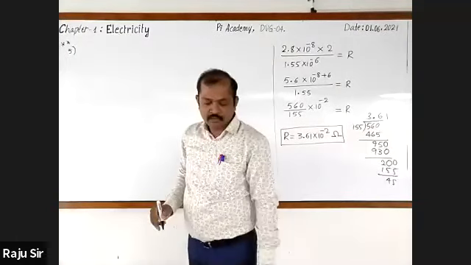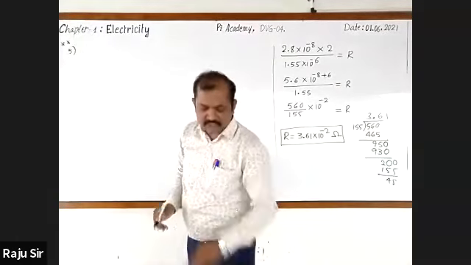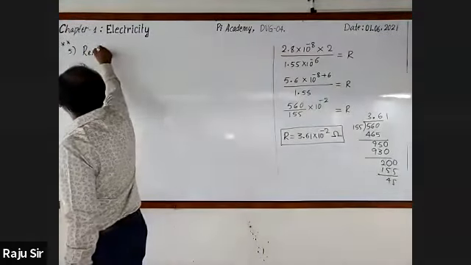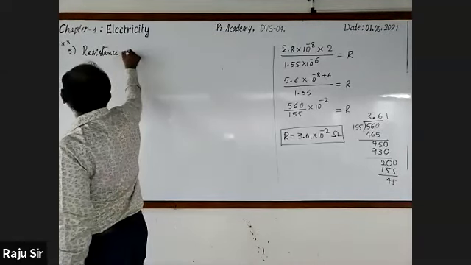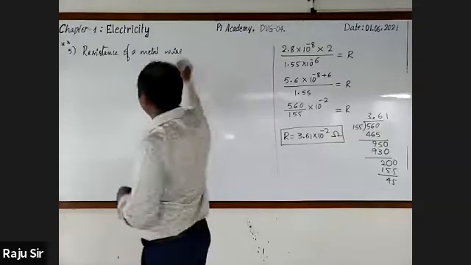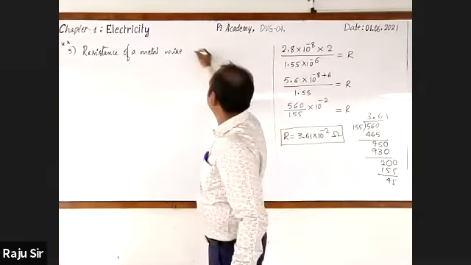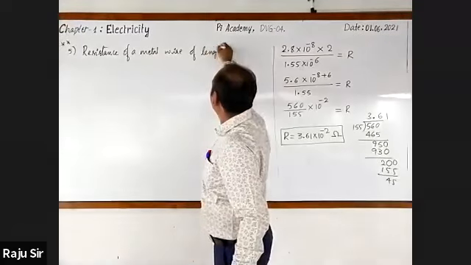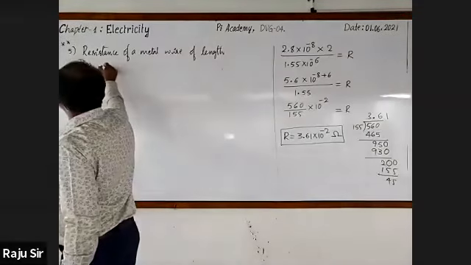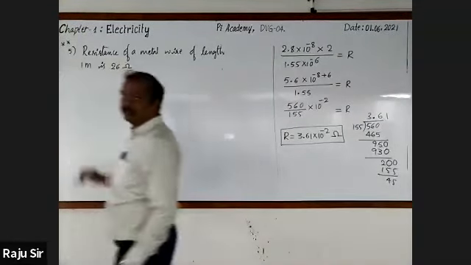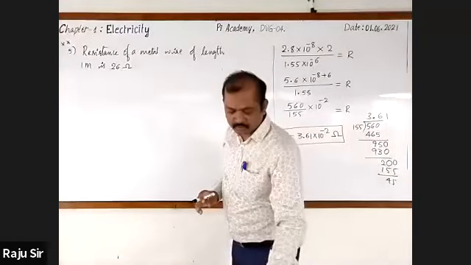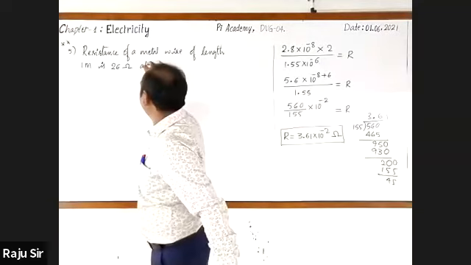Resistance of a metal wire of length 1 meter is 26 ohm at 20 degrees Celsius. Just keep on writing by listening to me.